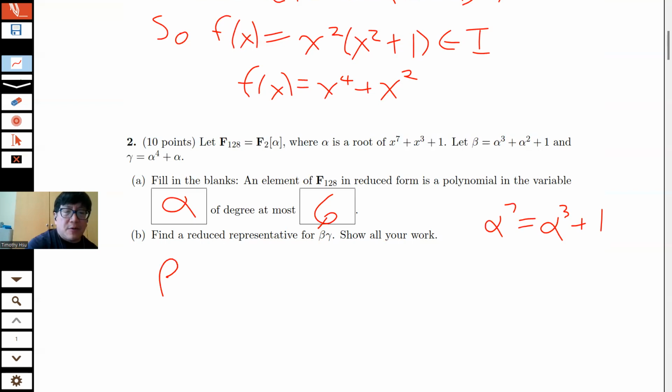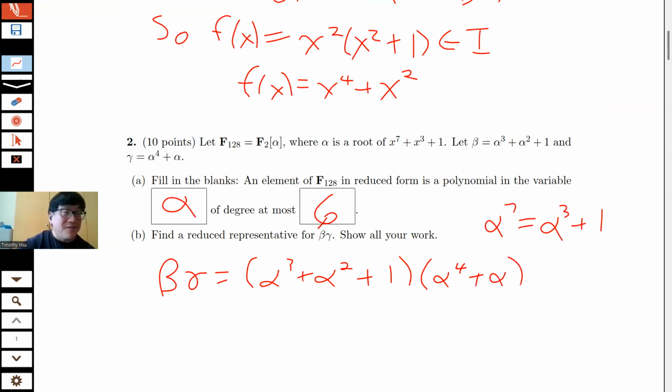So beta gamma equals alpha cubed plus alpha squared plus 1, times alpha to the fourth plus alpha.